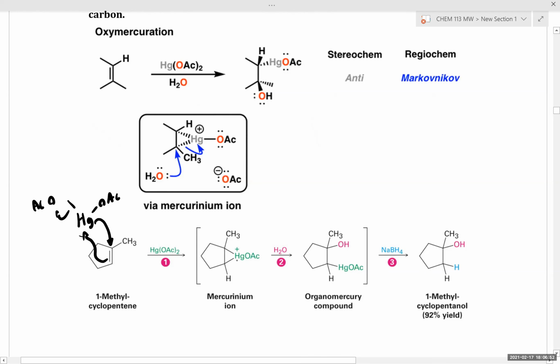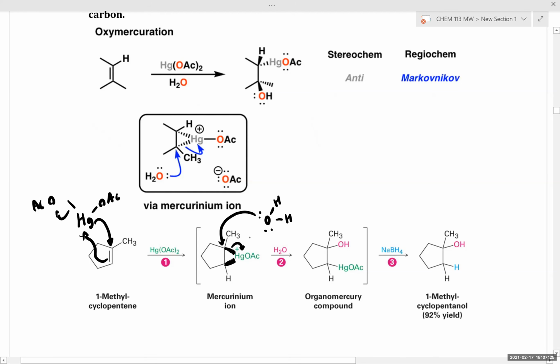Now, this mercurinium intermediate can be formed on the top or bottom face. I'm going to draw the mercurinium ion formed from the top face, just arbitrarily, just to showcase this next point. So water then opens up our mercurinium ion from the opposite face, and water attacks the most substituted carbon.